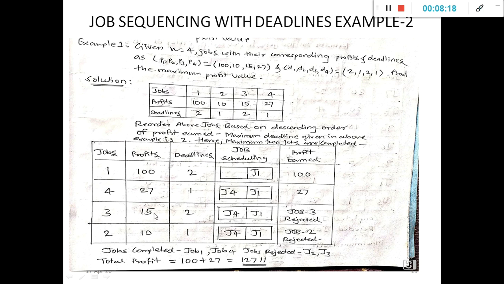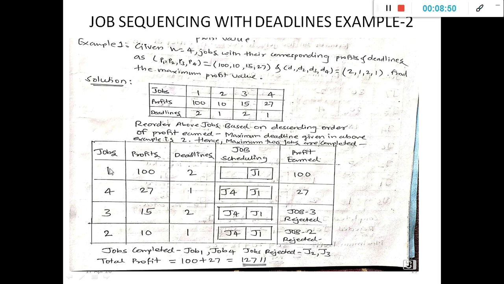The next profit value is 15, associated with job 3 and a deadline of 2. And finally the last job, job 2, is associated with a profit value 10 and a deadline 1. According to the given example, only 2 time slots are possible because the highest deadline is 2. Then initialize time slots 1 and 2.